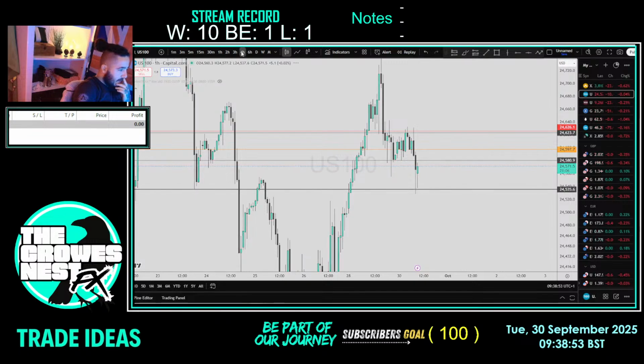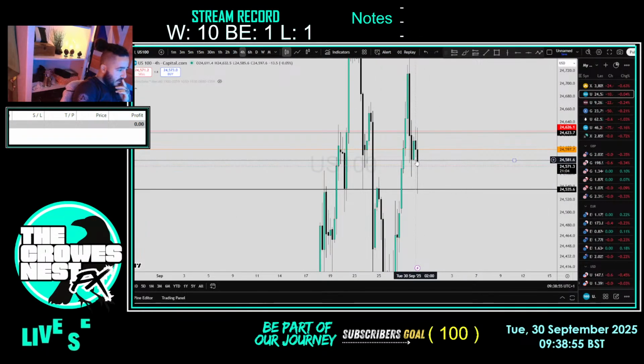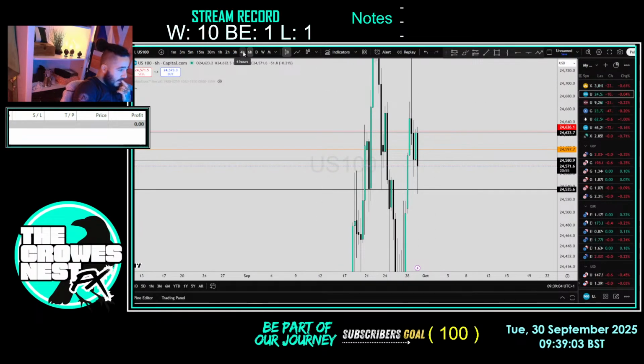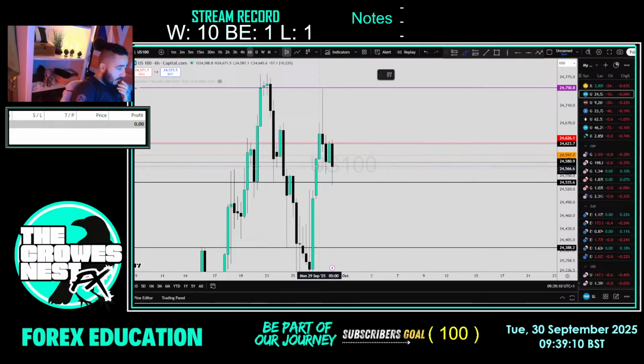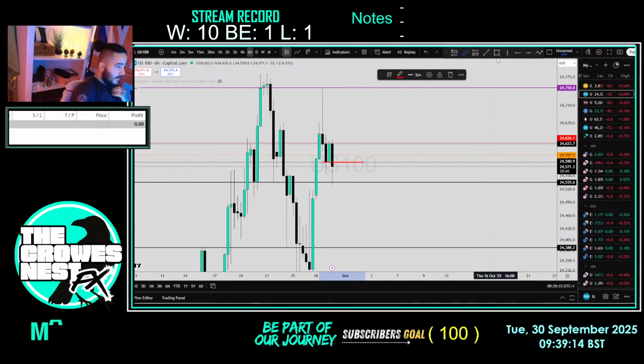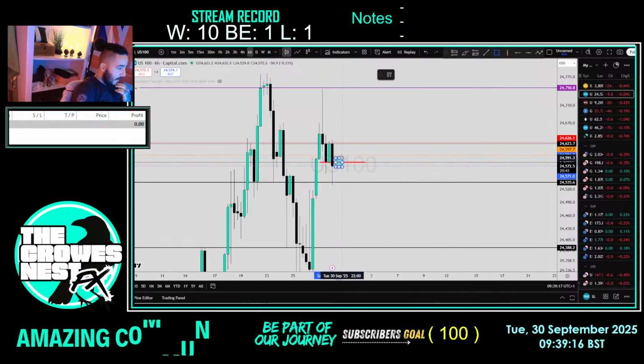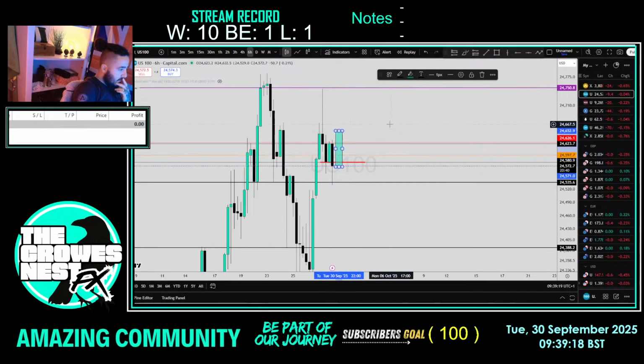Probably look to take a buy, but that would be the full respect of this level, which would also be the 6 respecting. But here's the thing, this is a weird thing. I would prefer a fake out. I prefer a close below, because then you've got more chance of them trapping you on a fake out.